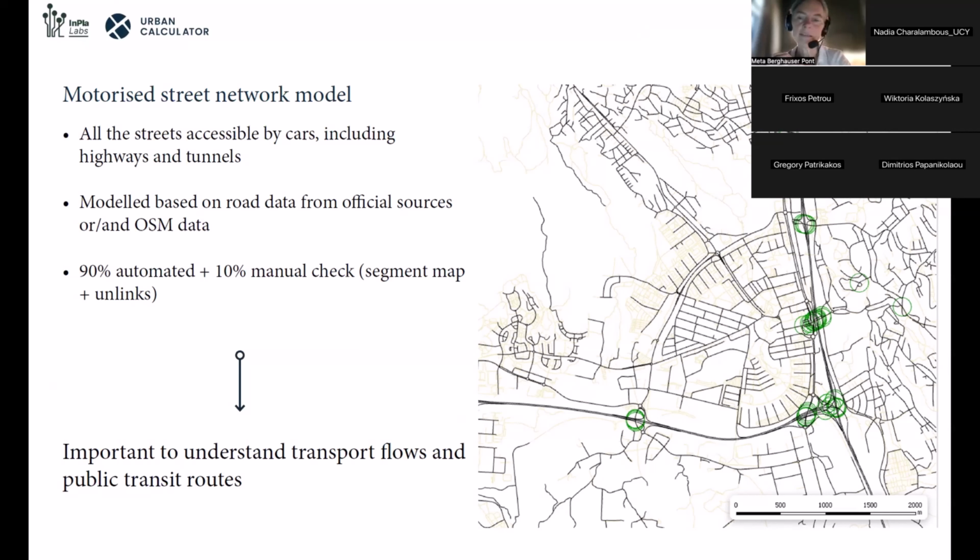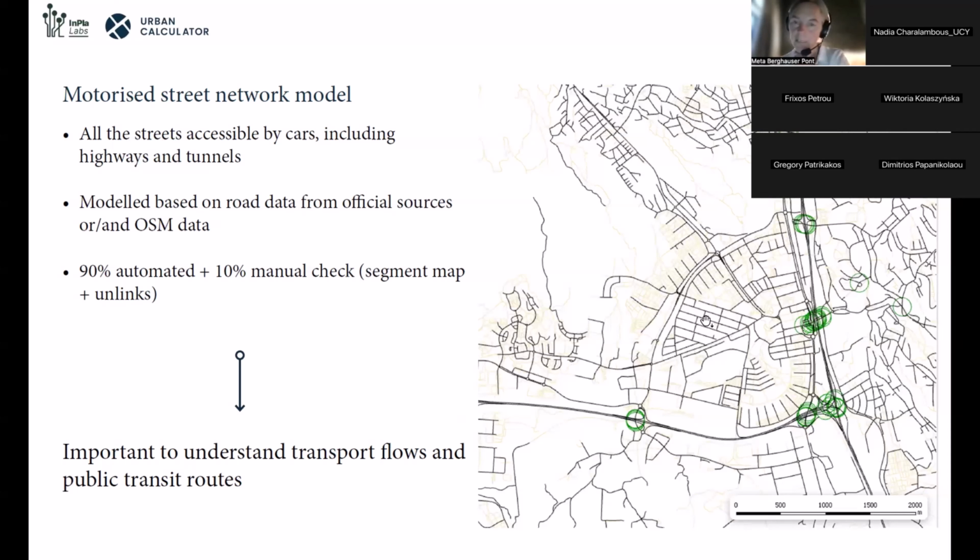As I said, these are the streets that are accessible by cars, so including highways and tunnels. And we prepare this model often using official sources. But if they are not there, we use OpenStreetMap data. 90% of making the map of the motorized street network model is automated, 10% is manual checks.